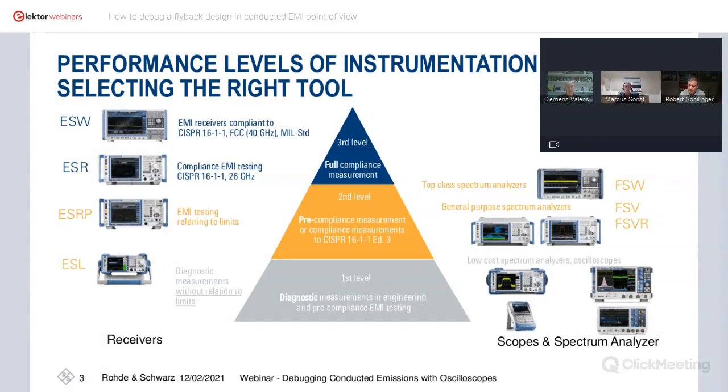And the first level, the lowest level, is when we are talking about diagnostic measurements in the lab, and that is the dedicated field of low-cost spectrum analyzers, and also oscilloscopes, the high-performance oscilloscopes, but also low-cost oscilloscopes.